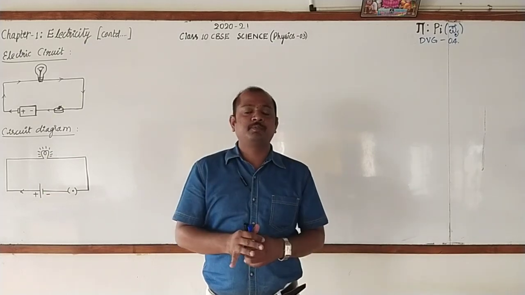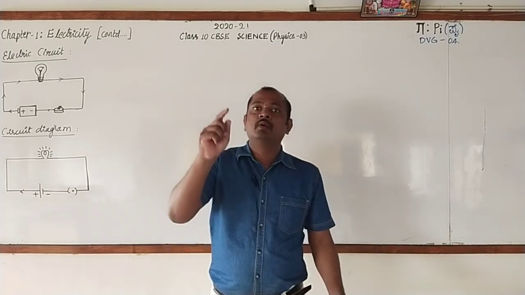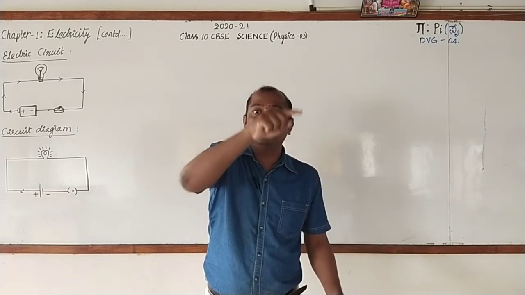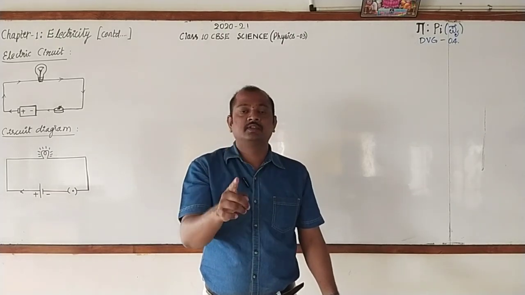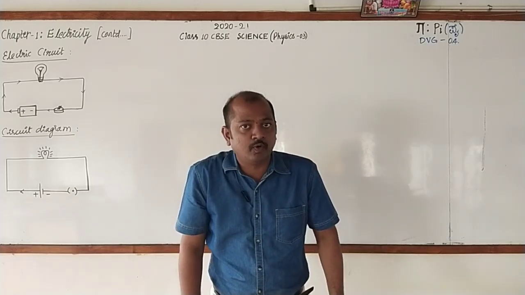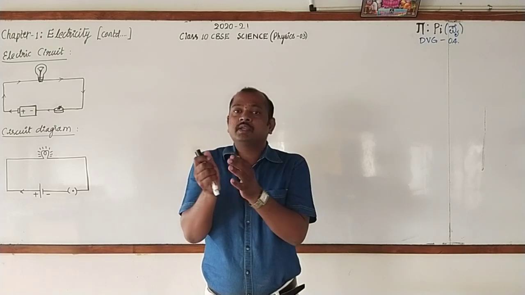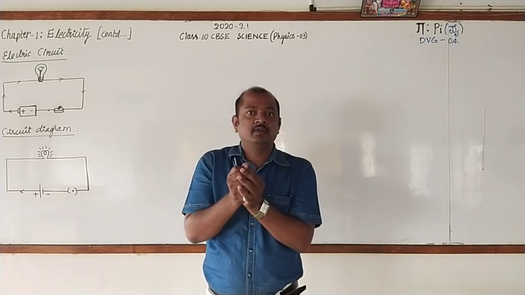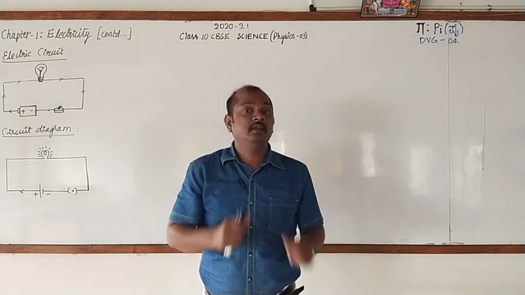The very first point, could you tell what happens when a charged particle is kept in an electric field? Yes, you are right, it experiences a mechanical force. Then to make it experience a mechanical force, energy is required, hence work has to be done.